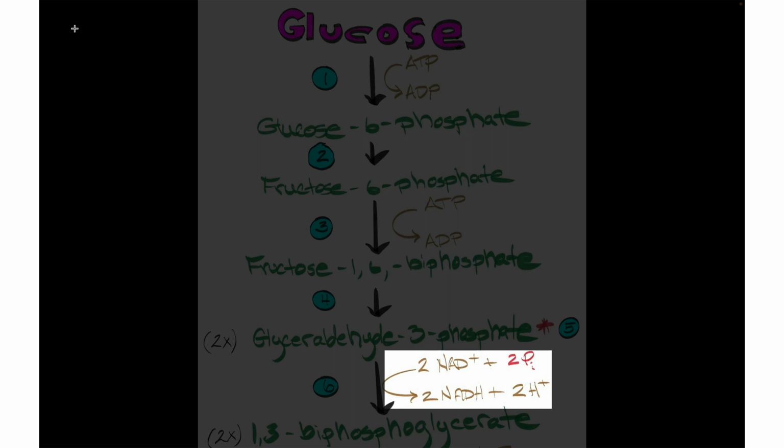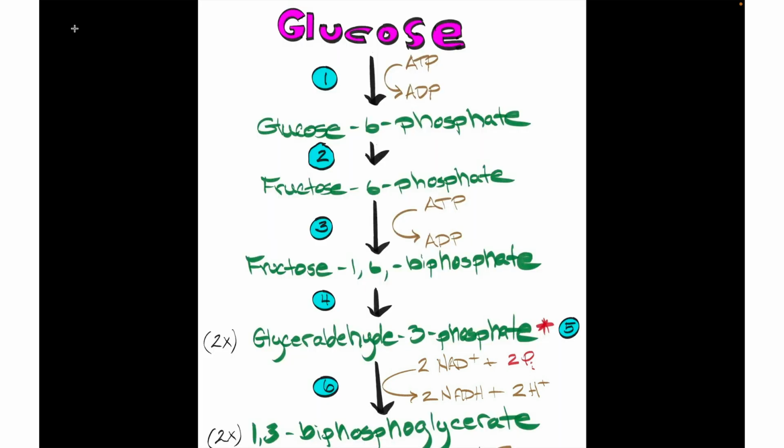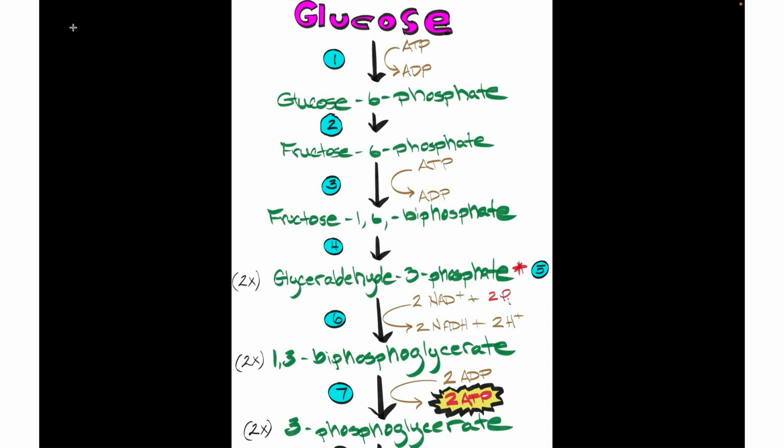Keep in mind, as I've stressed before, with glycolysis and with the subsequent Krebs cycle, arguably NADH and FADH2 are much more valuable than the ATP that are produced via these processes, because they will culminate in producing many, many more ATP via the electron transport chain, chemiosmosis, oxidative phosphorylation that occurs later within the inner mitochondrial membrane. So this step 6 will result in phosphorylating glyceraldehyde 3-phosphate to produce 1,3-biphosphoglycerate.